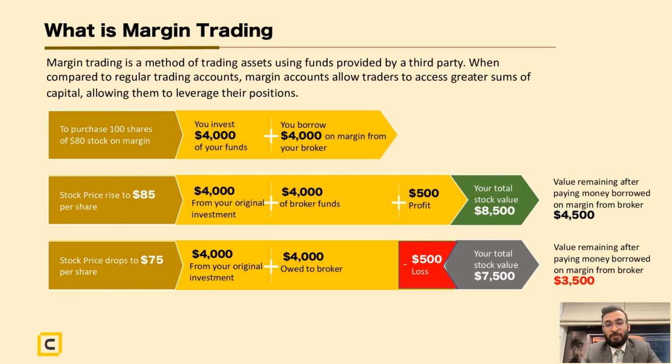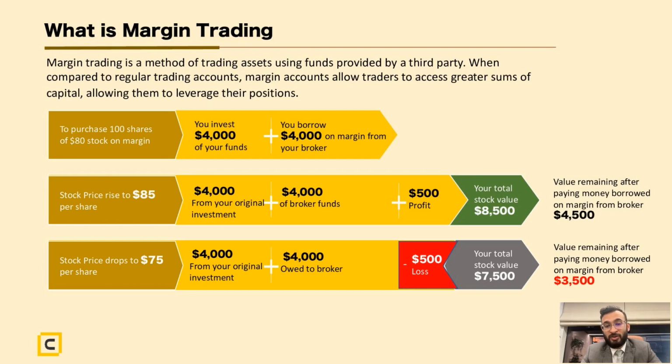And imagine if the price goes from $80 to $85. So you make a $500 profit. So now the value of your position, which was $8,000, is $8,500, because $500 is your profit. What do you do? You sell this, book your profit, give $4,000 back to the broker, and now you are left with $4,000 of yours and $500 your profit. You made $500 profit on your capital of $4,000.